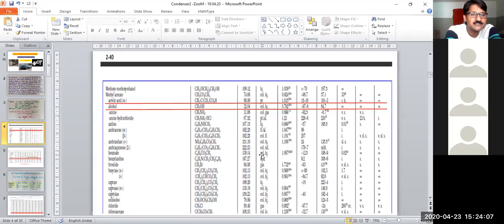You can see here methanol, methyl alcohol or CH3OH. This is the molecular weight and the corresponding temperature. You can even see 0.792 is the density.